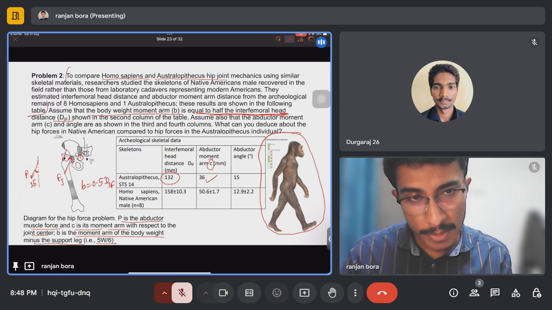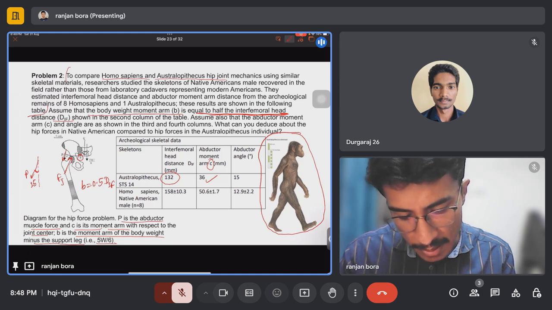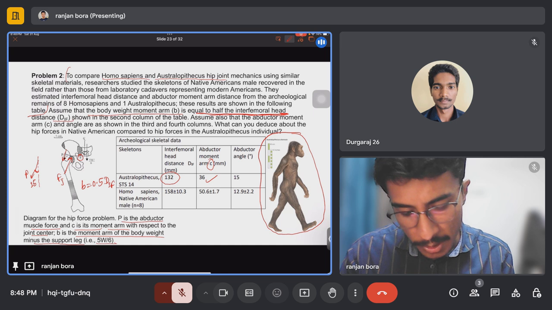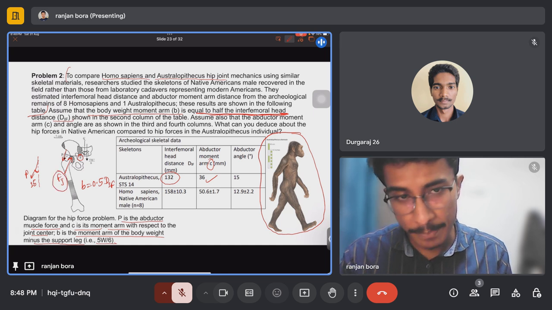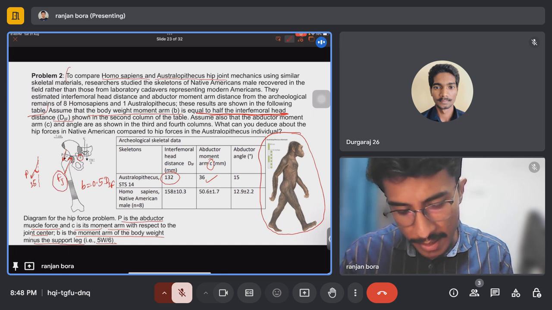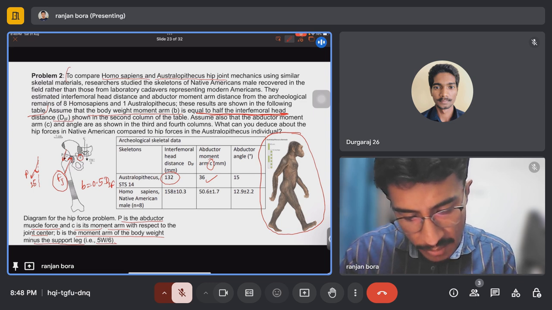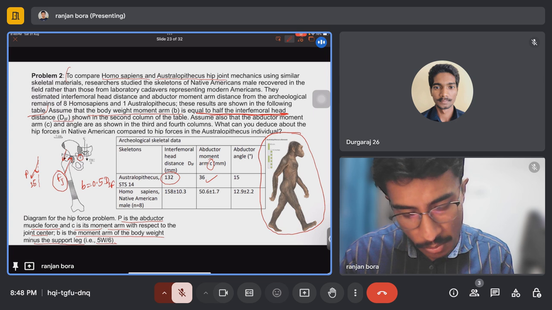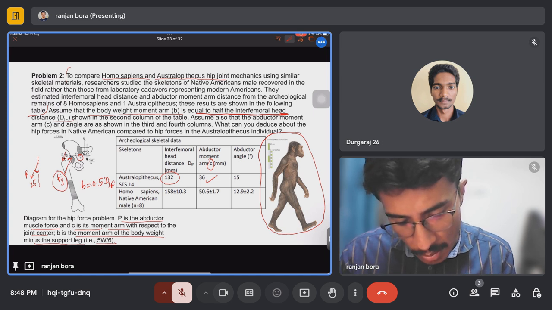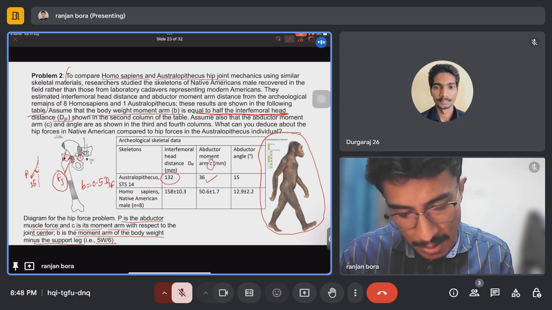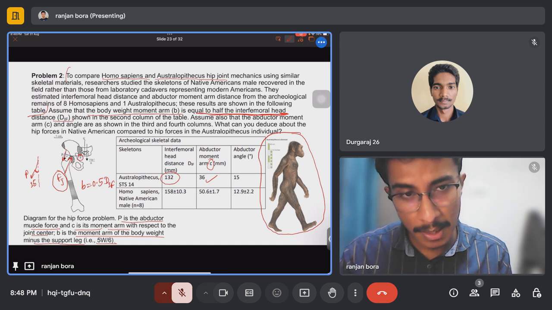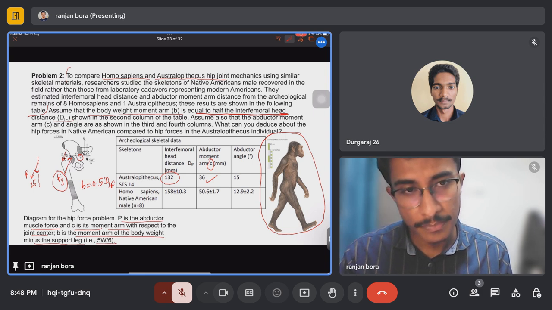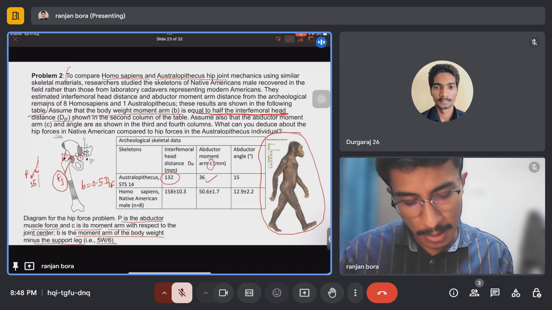Okay, now I will solve this problem. Here, what we need to find out is Fj. And to find out Fj, the given data are: B is known to us, then 5W by 6 is given, C is also given, but P is not given to us. So first we need to find out P. How can we find out P?